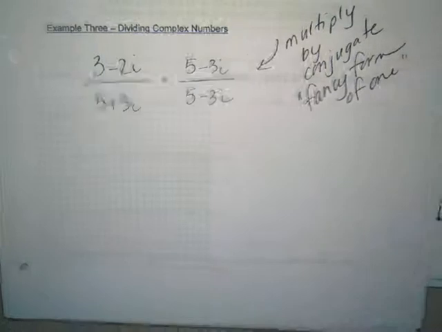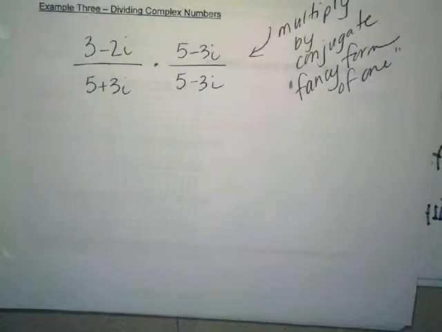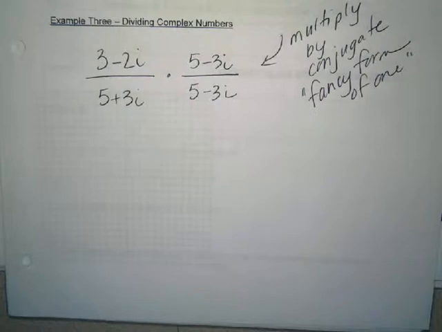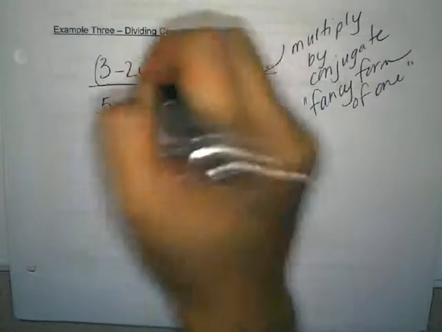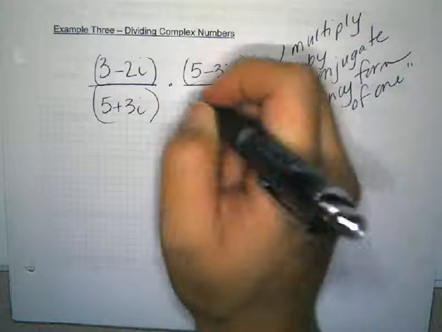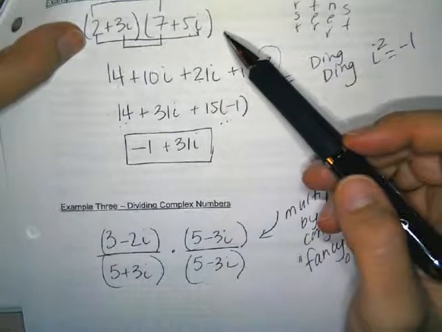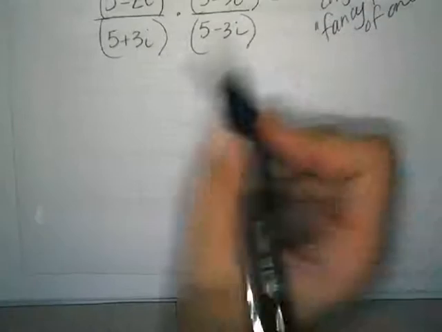Okay, and then you'll see we have two fractions. Now when you have two fractions, we simplify by multiplying across the top and the bottom. And then it becomes looking like a lot of problems like we just did. So we're going to deal with the top and then we'll deal with the bottom.